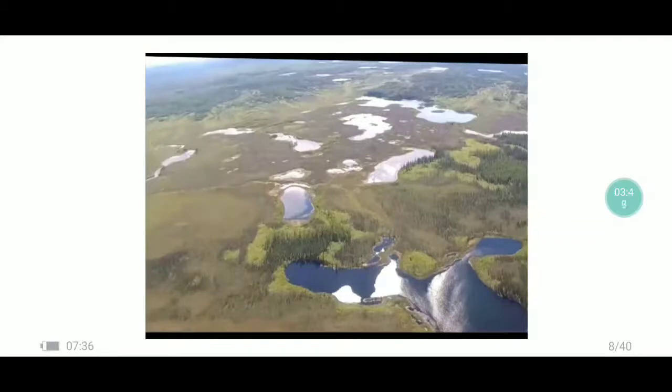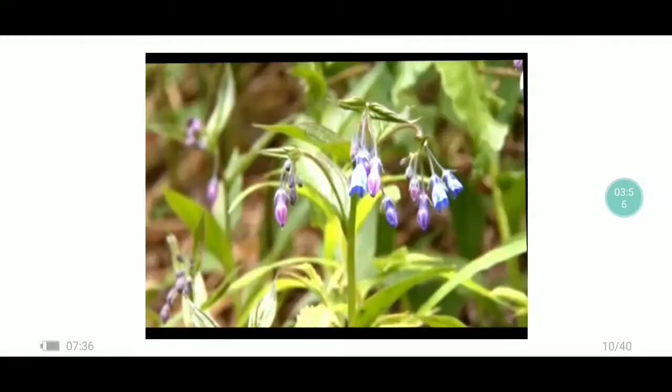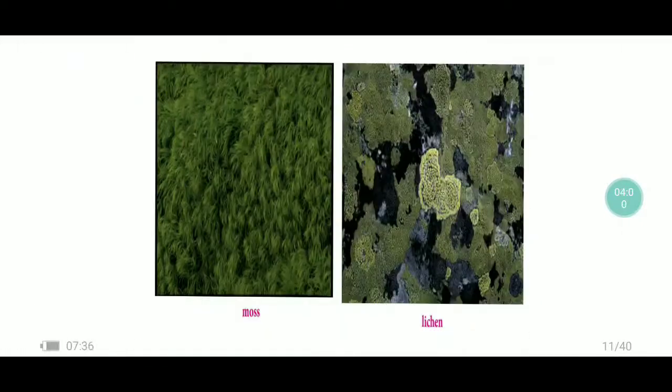But when the summer thaws, some shrubs, willows, grasses, flower-bearing plants, berry shrubs and mosses and lichens grow here.